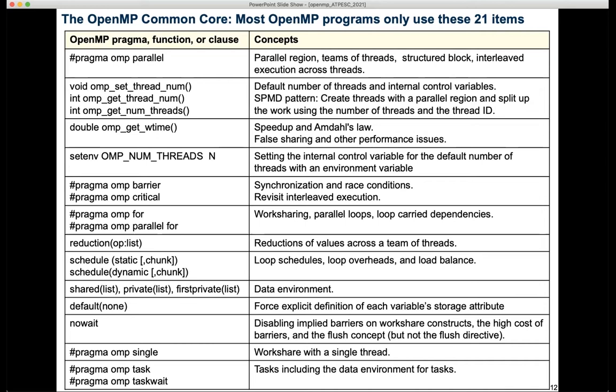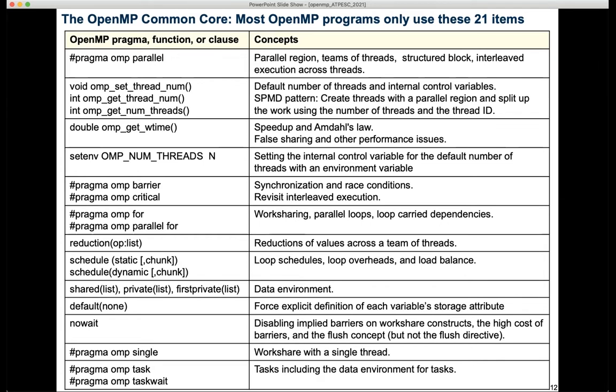So the way to learn and think about OpenMP is there's this simple, I call it the common core, this very, very simple core part of OpenMP. You master that, you learn it deeply and use it and master it. And only when you hit something that you can't do with the Common Core, you look it up and then dive back into the spec or some of the books about OpenMP and go there. And if you do that, then it stops being this scary monstrosity.